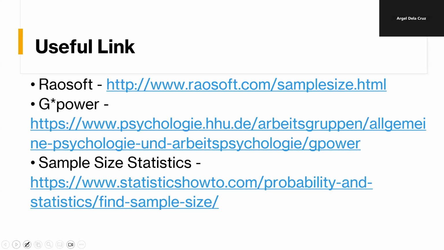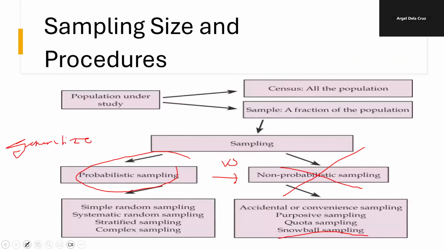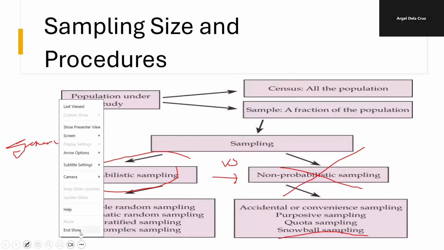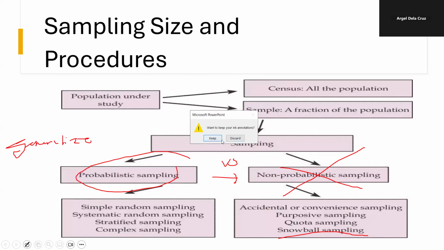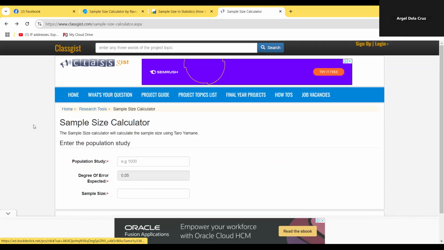Okay, so these are the useful links. So as promised to you, how would I compute for my sample size? So meron naman po tayong videos on how to do that, but the easiest for you is to use the Rao-Soft formula. Okay, so let's go with our Rao-Soft. So for example, I'm going to go with the class GIS.